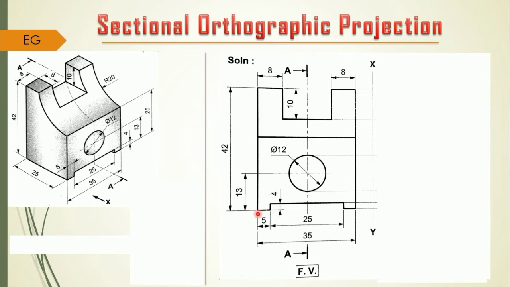So you may start from this end point. Just go by 5 mm, mark a point at 5 mm, and from this point go 4 mm upward, and then this is 25. Draw one horizontal line of 25 mm, and from that point go to the lower side again by 4 mm, and the remaining 5 mm over here.